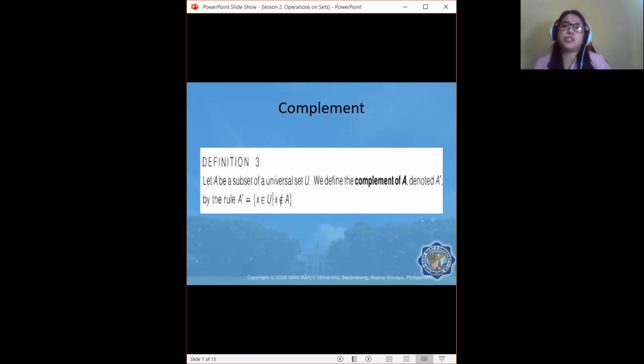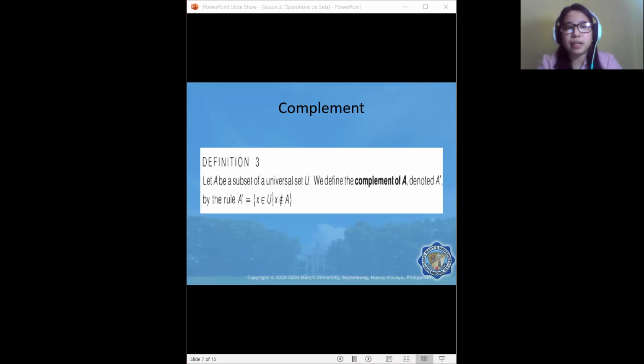Operation complement. So what is complement? By definition, if we let A be a subset of a universal set U, we define the complement of A, denoted by A with an apostrophe.